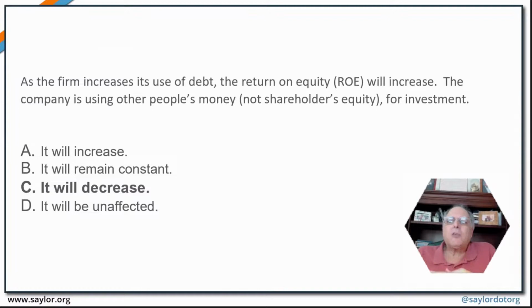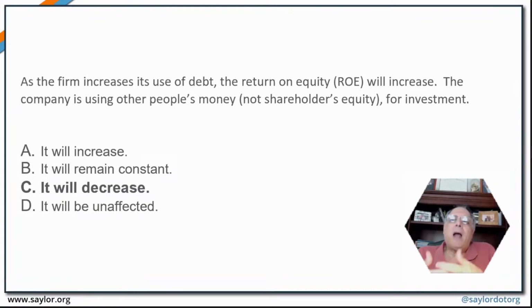Why? Because if you're using less debt, then you're using more equity. Now, step back and just think about this for a second. When I use debt, I'm actually using other people's money to generate a return. So my return is higher because I'm using less equity. We know that there is a potential risk. The more debt you have, the higher the risk of default.